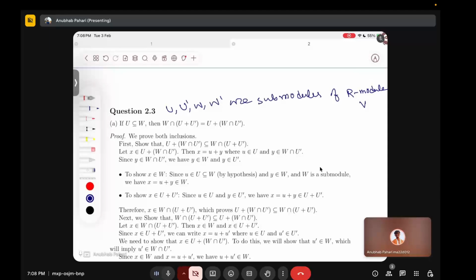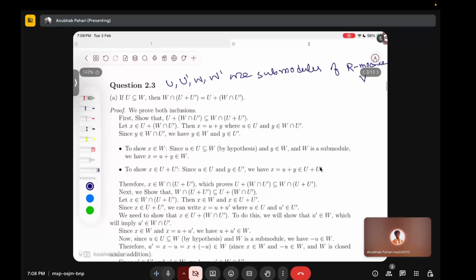It said that if U is a submodule of W, then W intersection (U plus U prime) should be equal to U plus (W intersection U prime). Now we will prove both inclusions.